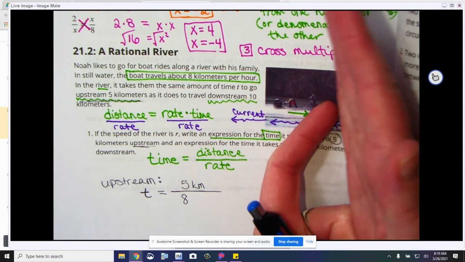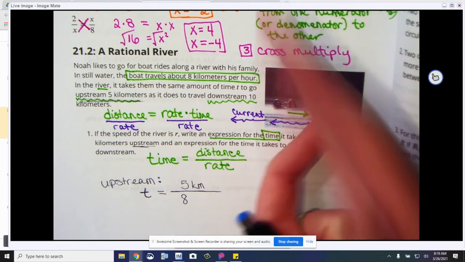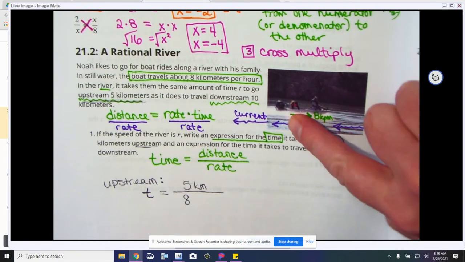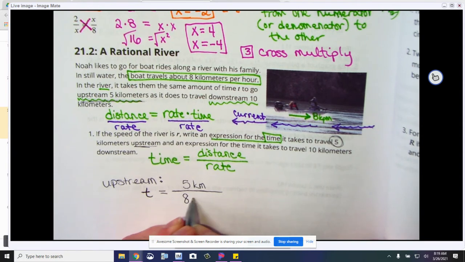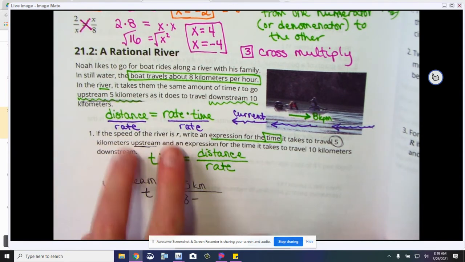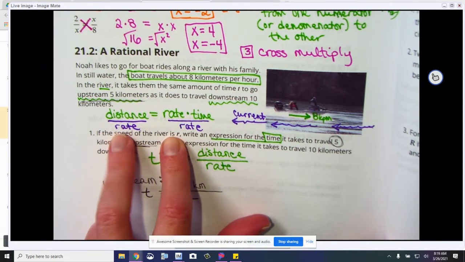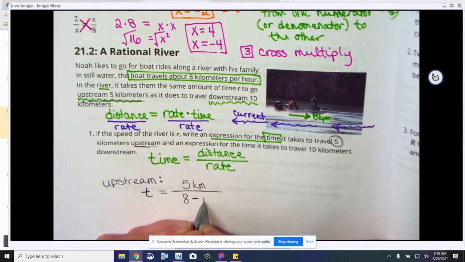We have the current that is pushing against them and slowing them down. So the current pushing this way is going to slow their rate. That means we're going to subtract from that 8. We don't know what the speed of the river is, but it tells us to use r to represent the speed of the current.